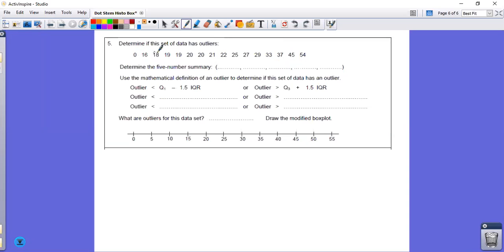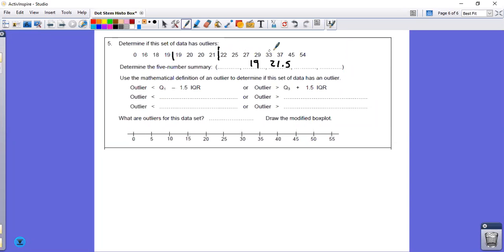So there's 1, 2, 3, 4, 5, 6, 7, 8, 9, 10, 11, 12, 13, 14, 15, 16 pieces of data. 1, 2, 3, 4, 5, 6, 7, 8. And in the middle, so there's 8 on both sides. Right in between 21 and 22 would be 21.5 for your median. The middle of these 8 numbers at the bottom is in between 19 and 19, so it would be 19.